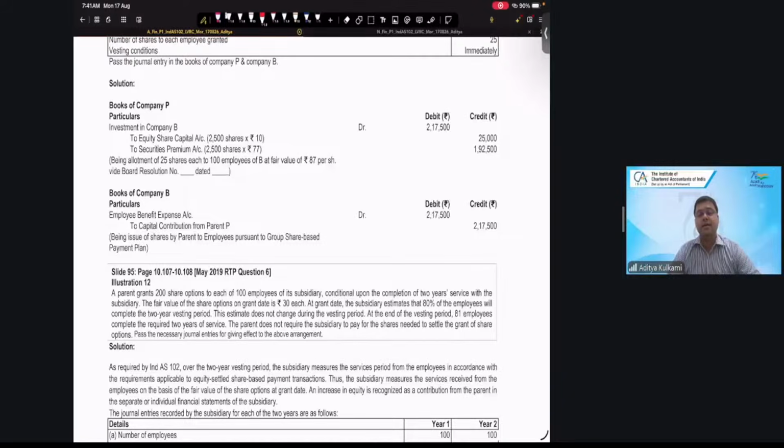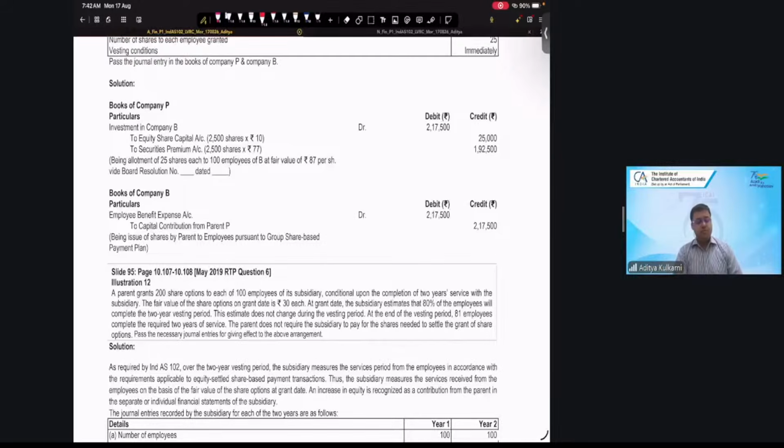Well, that becomes kind of a distribution to its employees. So it will be credited as dividend income. In the books of the subsidiary, you will pass the entry dividend distributed account debit to SBP reserve. Are we okay with this? Any doubts?